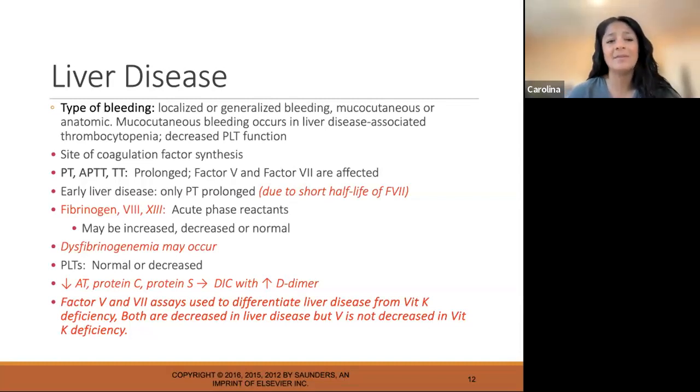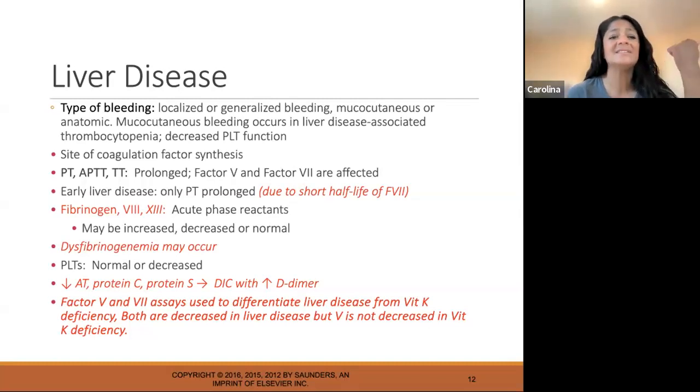So all of these things, no matter which one it is, if there is an inflammatory process, you may not see a decrease of the fibrinogen or factor 8 or 13 right away. Instead, they may be increased, because they kind of flip when there is an inflammatory process. They're acute phase reactants. Now, you may see them decrease or you may see them in normal amounts as well.